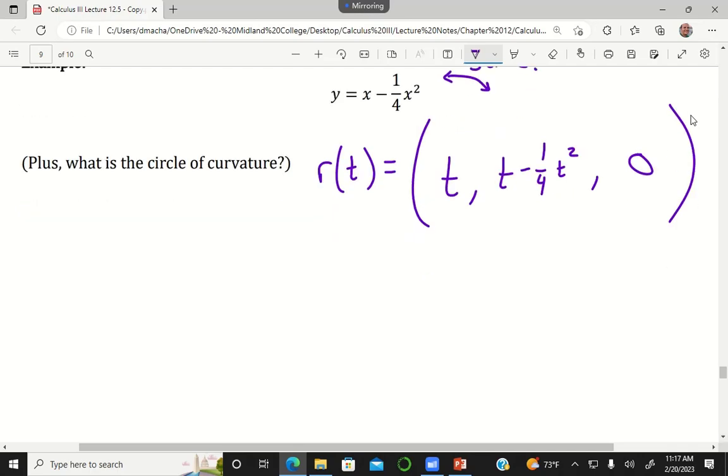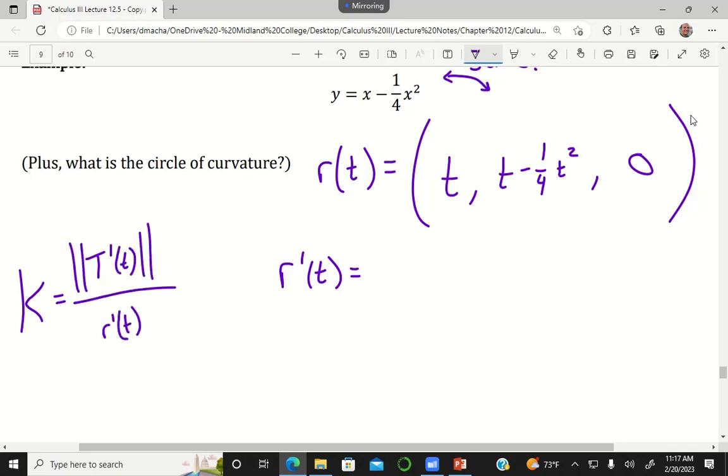And now I can just do the same comfortable old procedure that I would normally do for curvature, right? So we've memorized that curvature is T prime of t norm over r prime of t norm. So r prime of t is just the derivative, and so that would be 1 comma 1 minus 1/2 t comma 0.